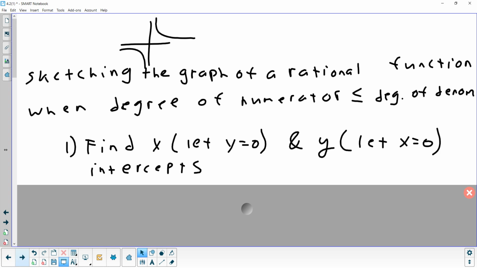So in that case, this step wouldn't help. But sometimes it will. Remember, to find the x-intercept, you let y equal 0. And to find the y-intercept, you let x equal 0. Just think of a coordinate on the x-axis. Right? That's the x-intercept. Any coordinate on the x-axis has a y value of 0.